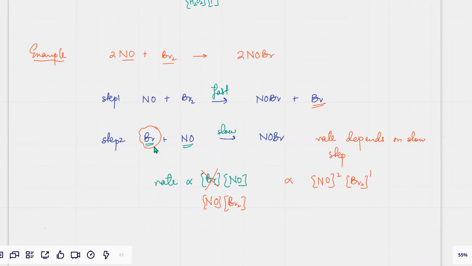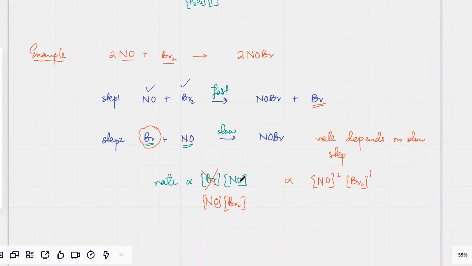So when we say that rate depends on BR's concentration because it's involved in the slow step, what we mean is that it indirectly depends on the concentration of NO and BR2, because they are the ones that end up producing this BR, which then is involved in the slow step.